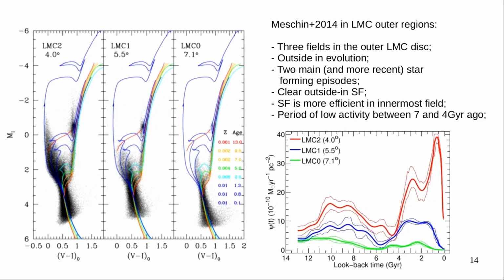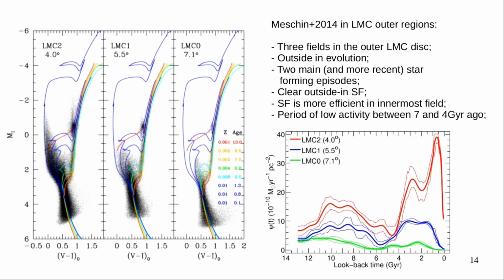This slide presents the work from Meschin and collaborators. They present the star formation history for 3 fields in the outer LMC regions, at distances of 5.5 and 7.1 degrees from the LMC center.